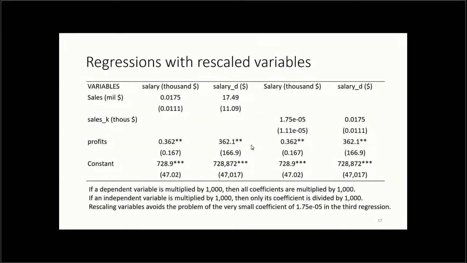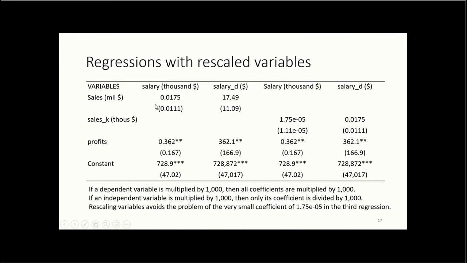Now, let's estimate the regressions with the rescaled variables and see what happens. Here we have as dependent variable salary in thousands of dollars or salary in dollars. So basically, this one in $1,000 got multiplied by a thousand. Here we have sales in millions of dollars.